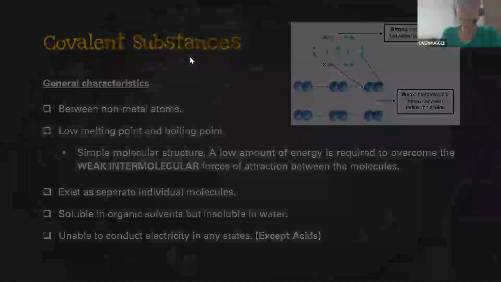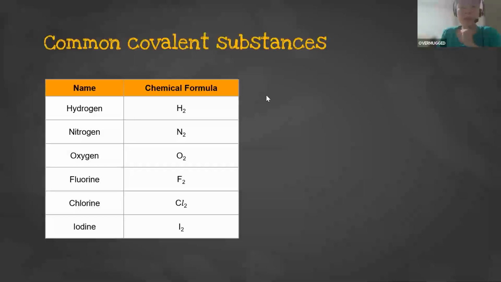Okay, so these are some common covalent substances. These are your diatomic molecules, so take note. This is how all these elements exist on Earth. They don't exist as individual atoms floating around like that. Remember why? They would want to pair up with each other to obtain stable electronic configuration by sharing electrons.